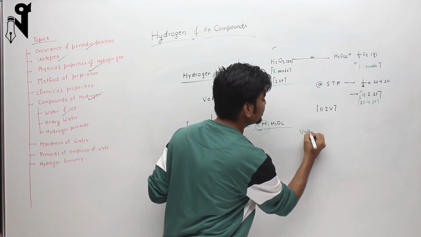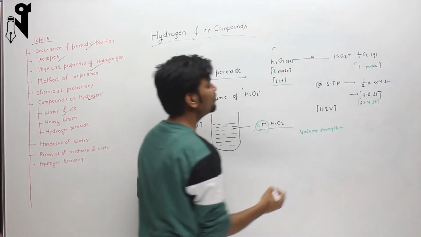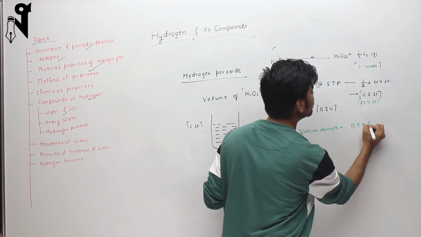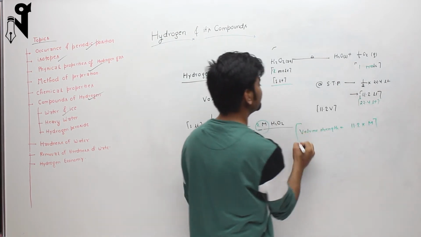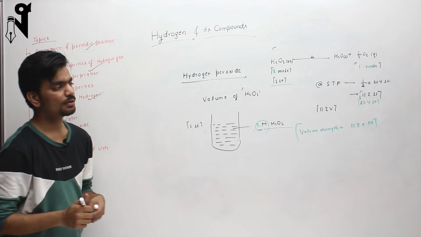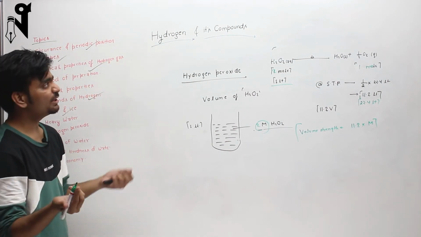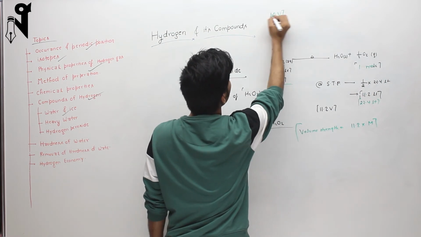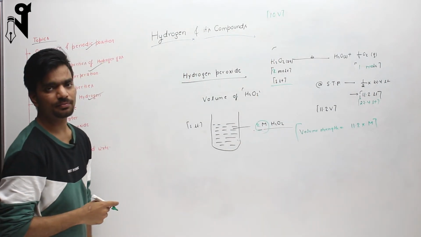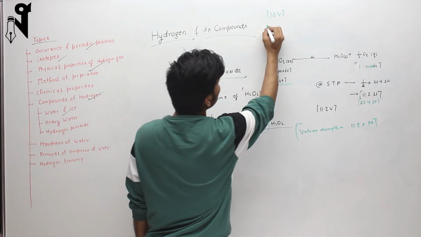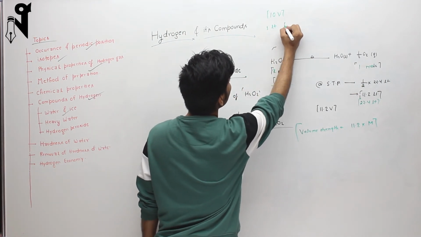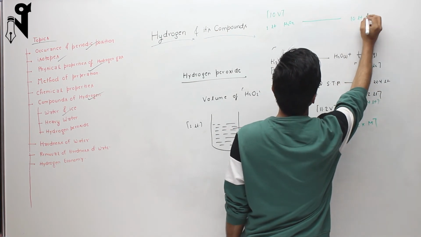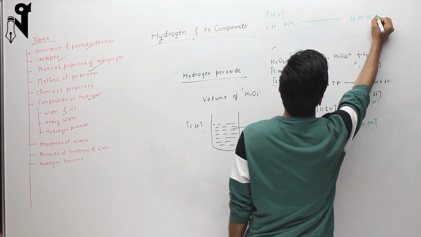Volume strength will be 11.2 times molarity. Next, if somebody tells you an H2O2 solution is 10 volume, what does this mean? It means at STP 1 liter of H2O2 will give you 10 liter of oxygen gas.